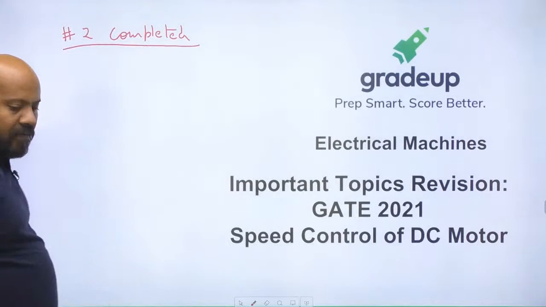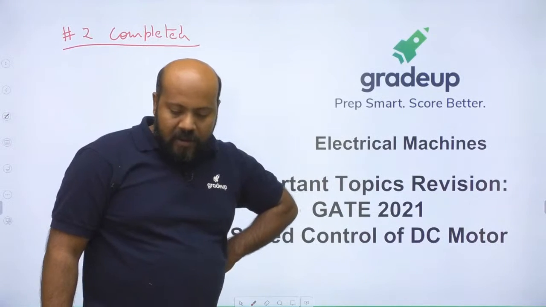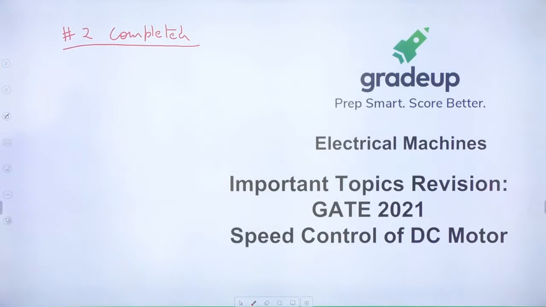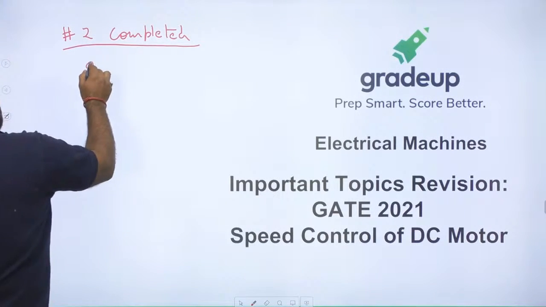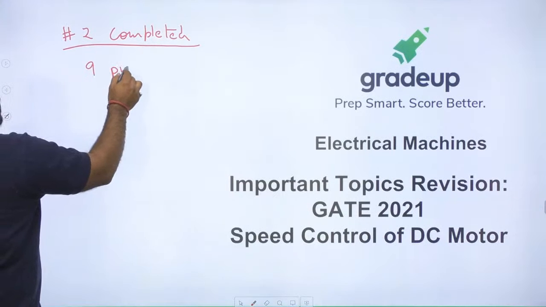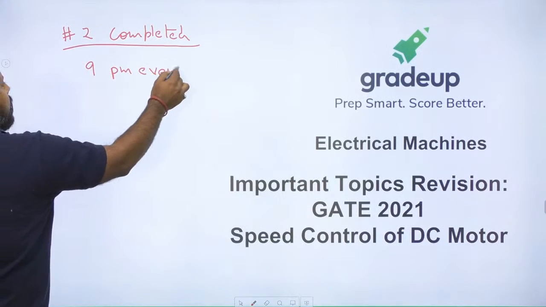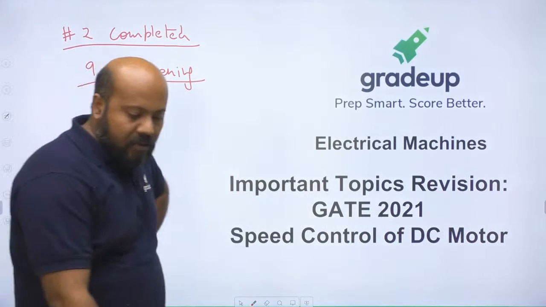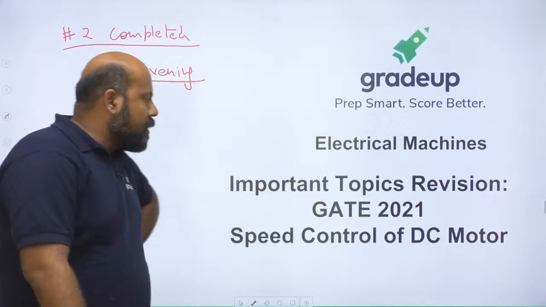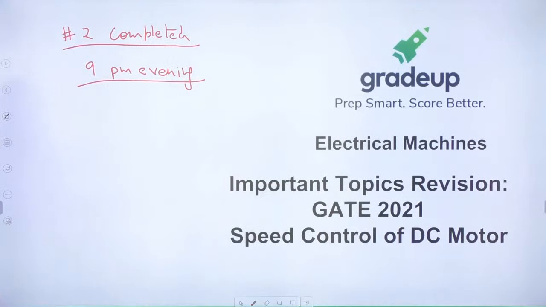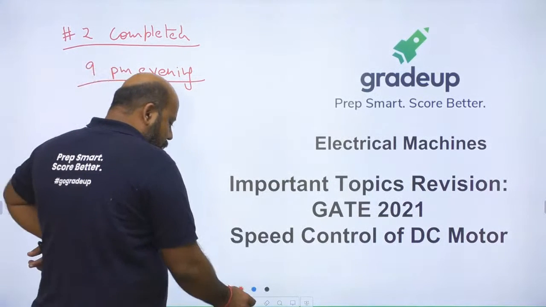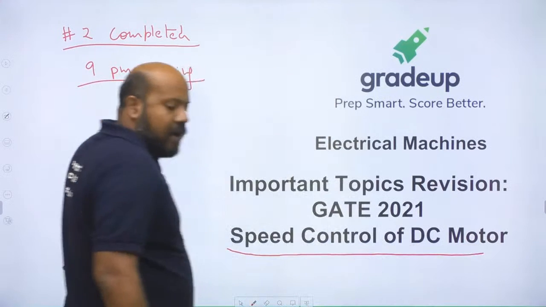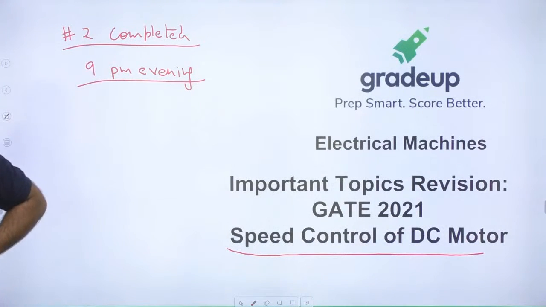The playlist is available on the Gradeup Gate YouTube channel. These sessions are planned at 9 p.m. in the evening, so that even if you are working, you can join the session. Now friends, we have started with the DC machine, and today I am going to discuss speed control of DC motor, and I will try to finish it in 45 minutes.